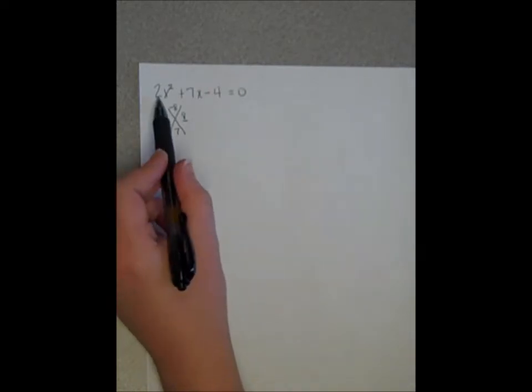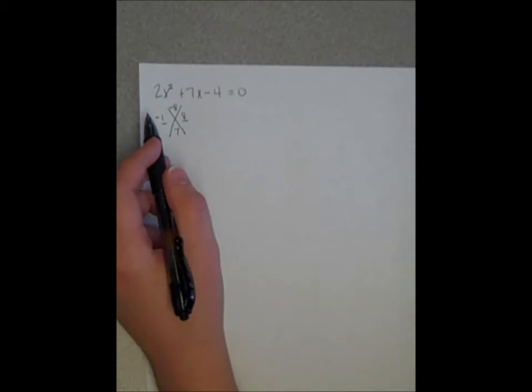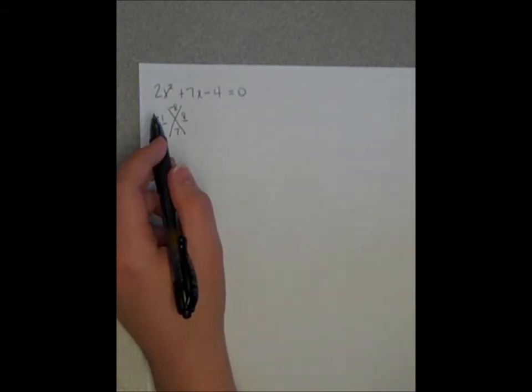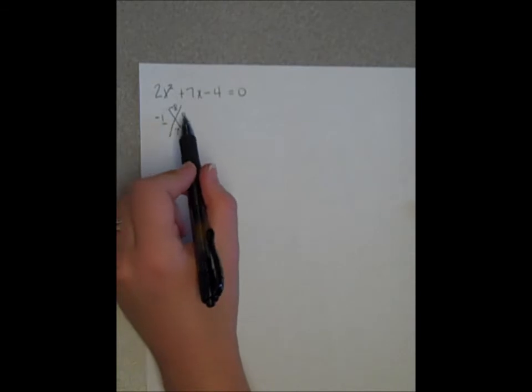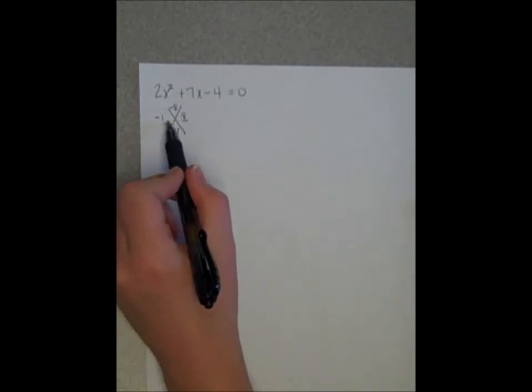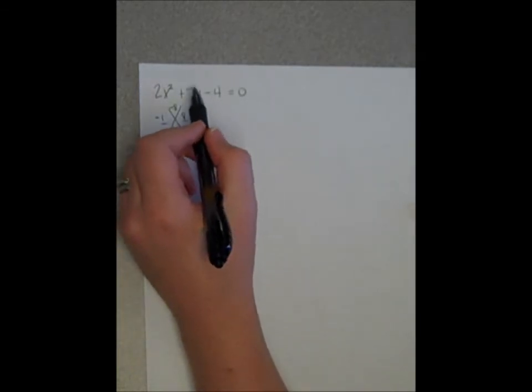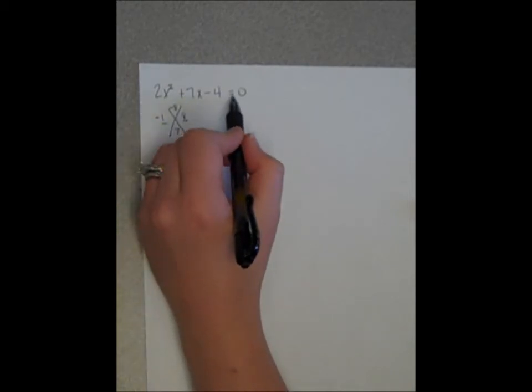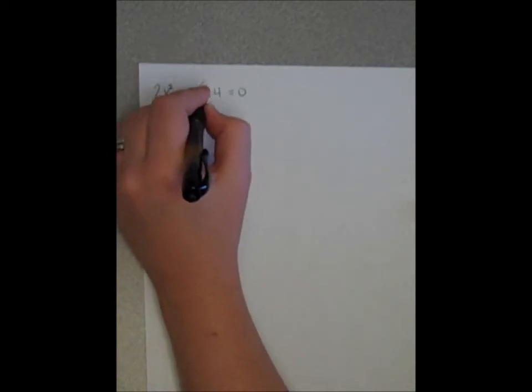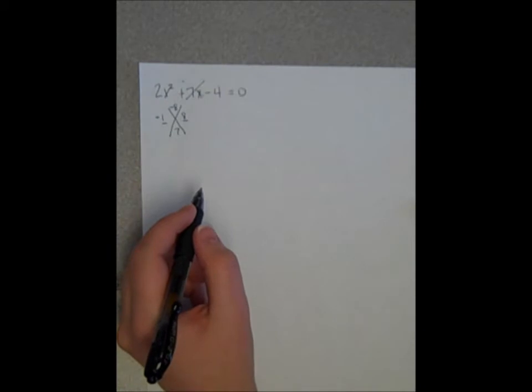But because this isn't a baby one anymore, this is a 2, not a 1, you're not allowed just to jump to your parentheses. You actually have to do a little bit more work. So what we do with these factors is we use them to replace the 7x. So I'm going to rewrite the equation, except I'm going to replace 7x with what's in my box.